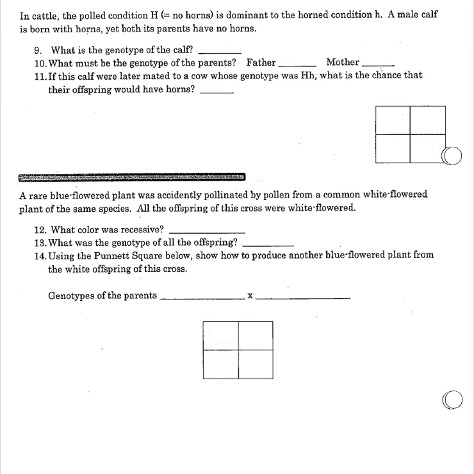Well, let's first define our traits again. Big F is the wrong letter, so it's given the H. So H is going to be our dominant allele for no horns, and our lowercase h is going to be the trait for horns.